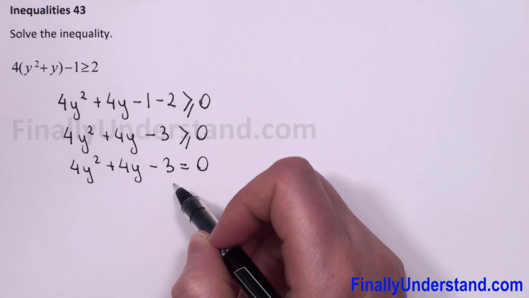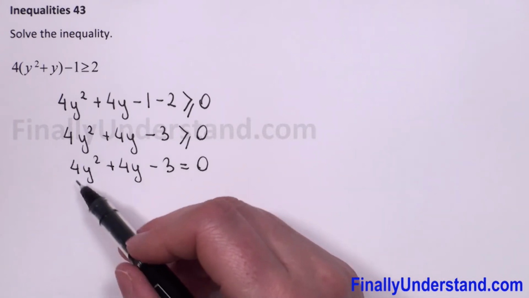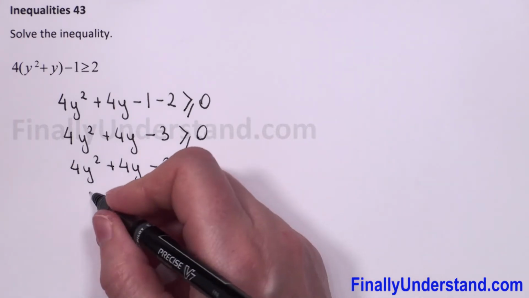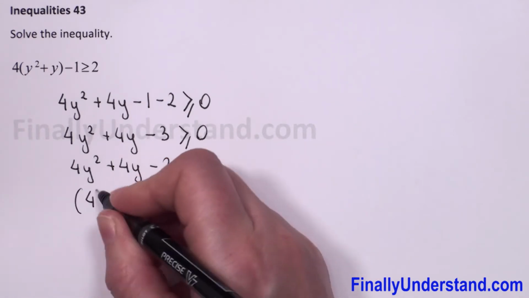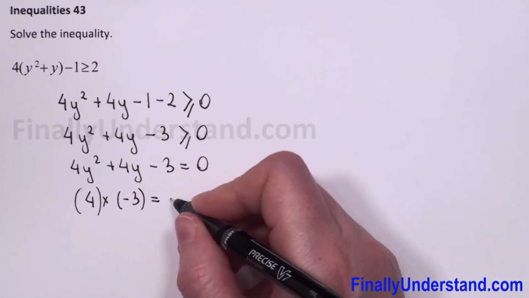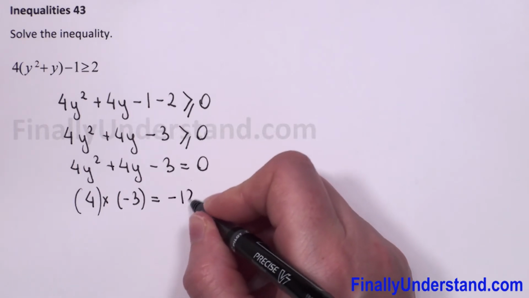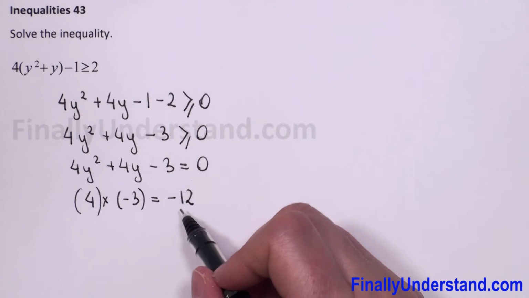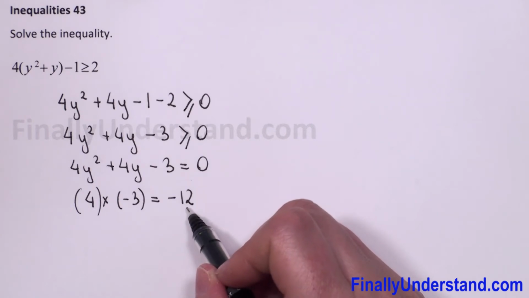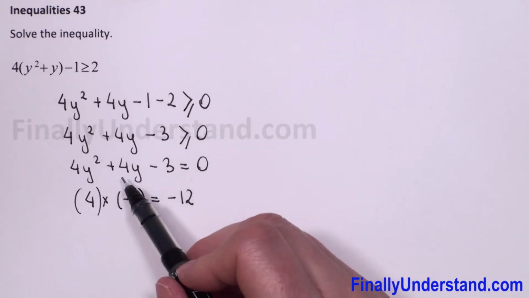To solve this equation, we can factorize. We have 4 times negative 3 is equal to negative 12. It means we have to find two numbers which multiplied by each other give me negative 12, and when I add them I will have 4.